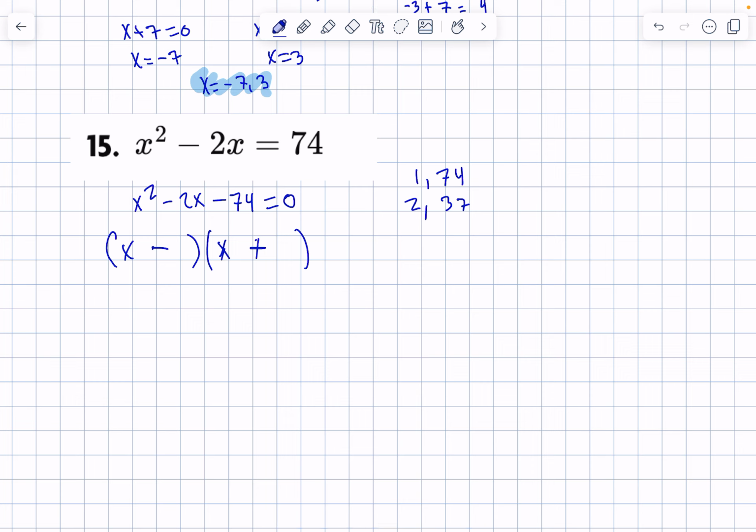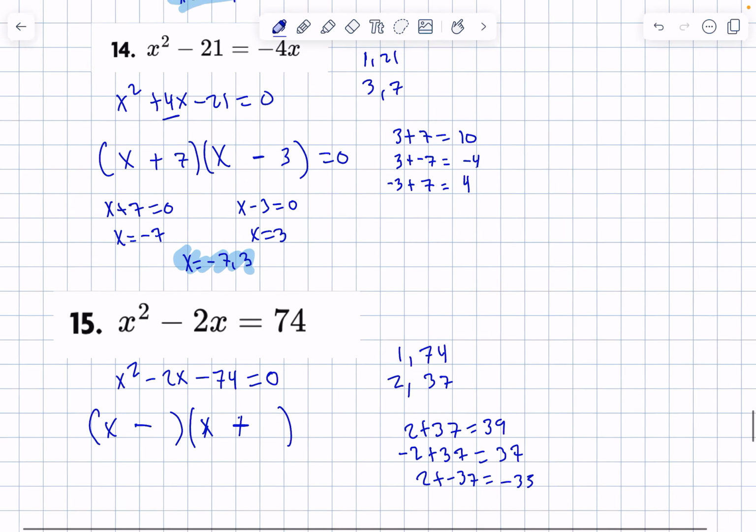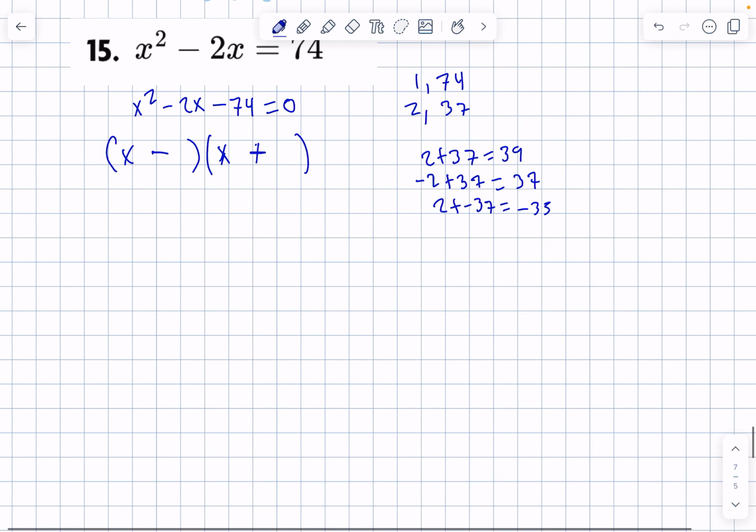If I have 2 plus 37, that's 39. If I have -2 plus 37, this is 37. If I have 2 plus -37, this is -35. So they don't add up to that at all. So my best bet now is to use the quadratic formula because I am not able to figure out any other numbers.